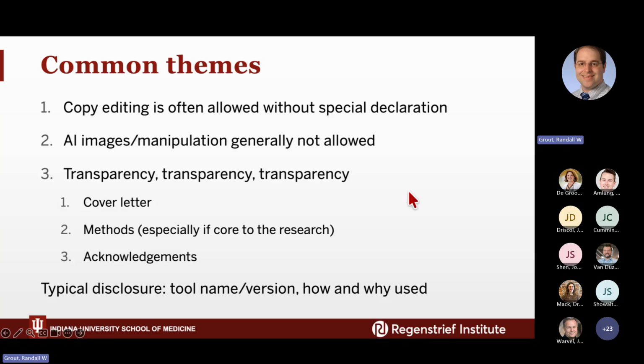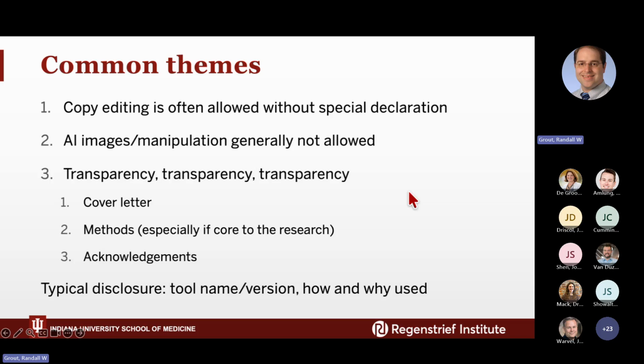In general, AI generated images or manipulation with AI of images is generally not allowed. Obviously, if it's the topic of the study, then it would be allowed, but it's rare, if at all, that an AI editing or generation of images would be allowed. And then the common theme would be transparency, transparency, transparency, just to disclose and to share it.